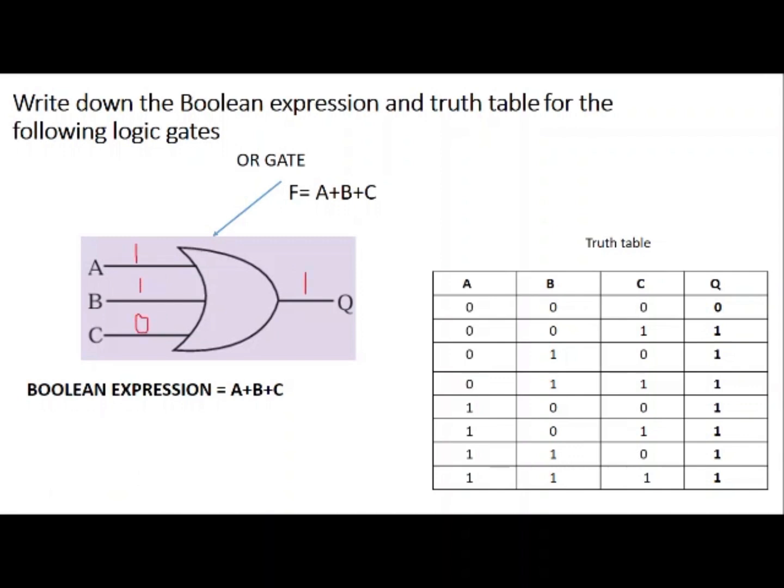A and B are 1, therefore the output Q would be 1. Last one, A is 1, B is 1, C is 1. In an OR gate, if either one of the inputs is 1 or all the inputs are 1, you can get the result as 1. So this is the truth table for this logic gate and the Boolean expression.